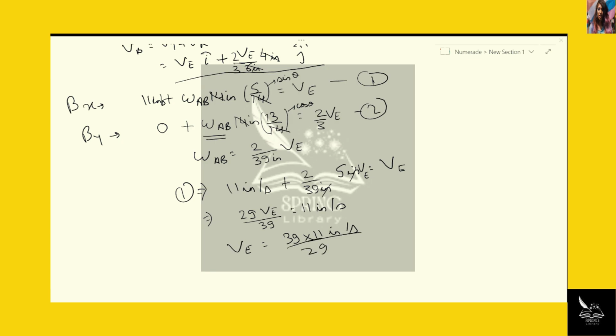So we can calculate this number. We put them in the calculator. Actually, I can approximate easily by considering 39 to be 40 and 29 to be 30.